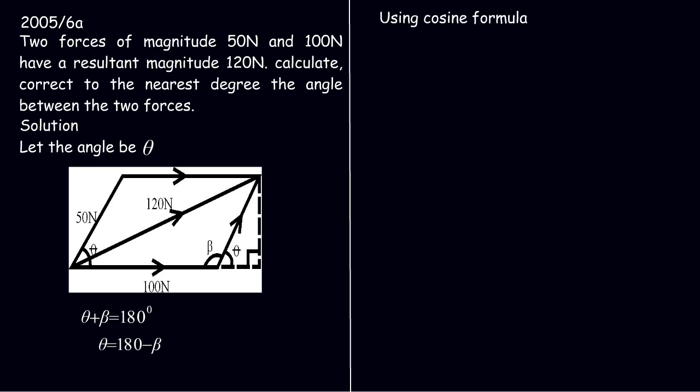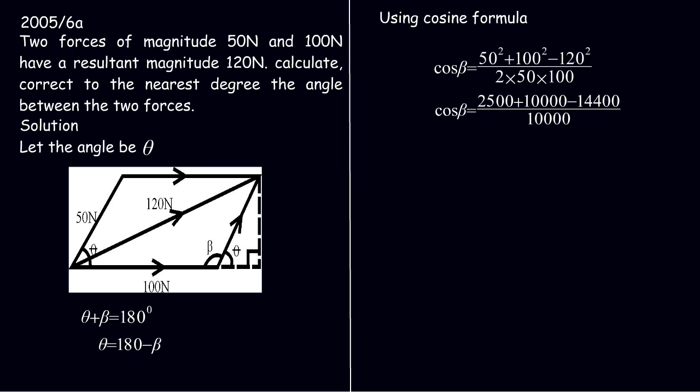Now using our cosine formula, cos beta will be equal to 50 squared plus 100 squared minus 120 squared divided by 2 times 50 times 100, which is going to make cos beta equal to 2500 plus 10,000 minus 14,400 divided by 10,000.